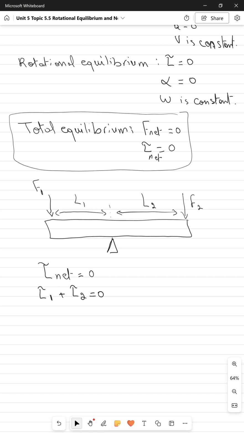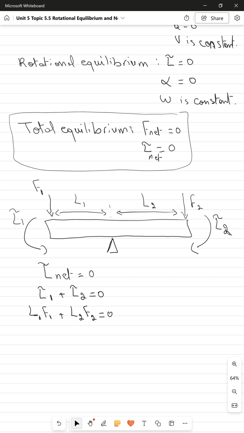Now what you notice is that one rotates it this way and the other rotates it that way. That would be torque 1, that will be torque 2. So they are in opposite directions. We can calculate it: L1 F1 plus L2 F2 is equal to 0.